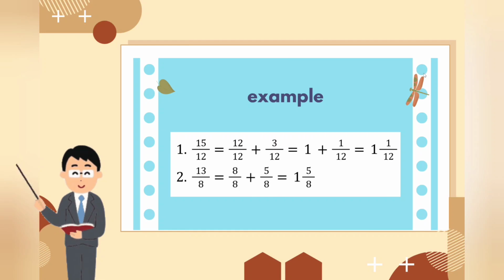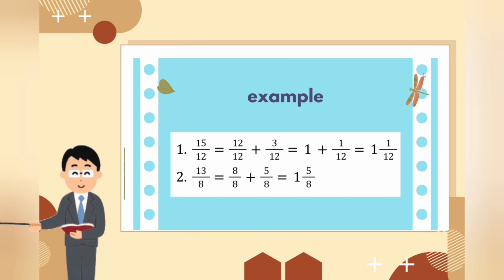Example, number 1: 15 divided by 12 equals 12 divided by 12 plus 3 divided by 12, equals 1 plus 1 divided by 4, equals 1 and 1 divided by 4.